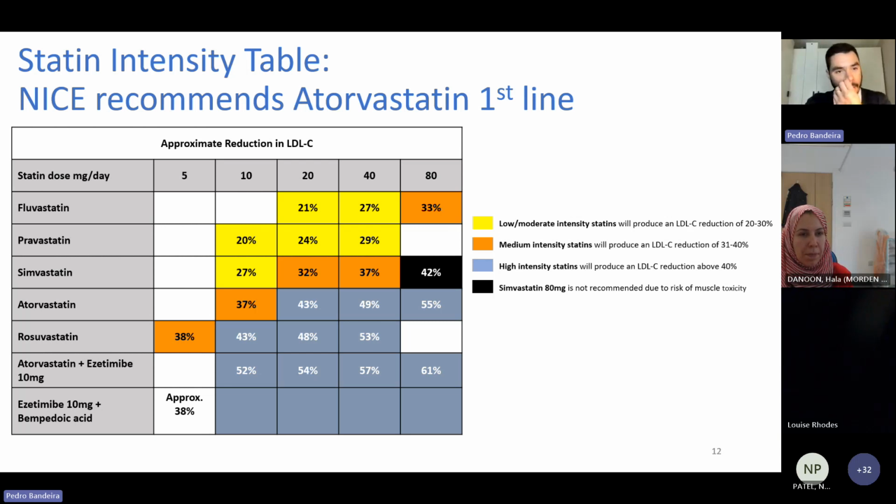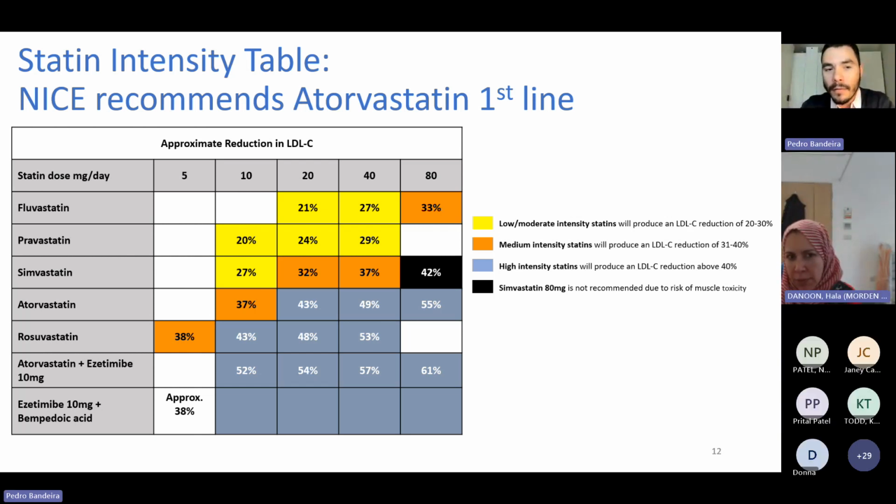You probably have seen this table many times, but it's always good to emphasize the importance of knowing roughly your LDL reduction. Go ahead, if you don't mind. I'll make it a bit quieter. Sorry? Can you mute yourself, please? Okay, I'll continue.